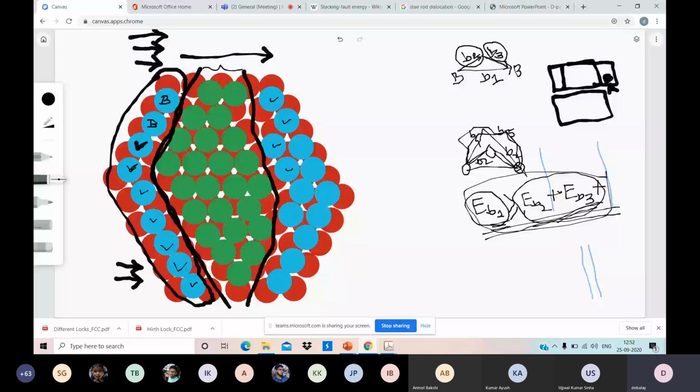Whenever I am creating partial dislocations, there was one parent, and instead it is happening in two partial dislocations. These partial dislocations have a characteristic: they are basically the same type of dislocations.